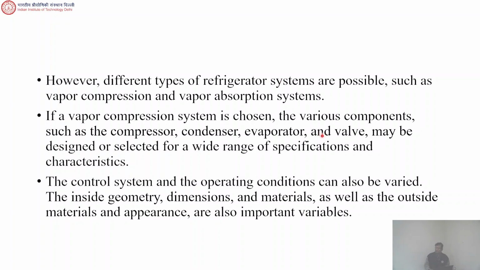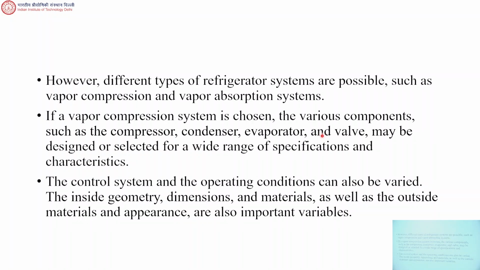Refrigerator example, for example, the refrigerator case. Various systems are available. I think you all know that there can be a vapor compression system. There is also a vapor absorption system. If it is a vapor compression system, we have to think about components like compressor, condenser, evaporator, valve, and these can be designed or selected based on a wide range of specifications and characteristics.